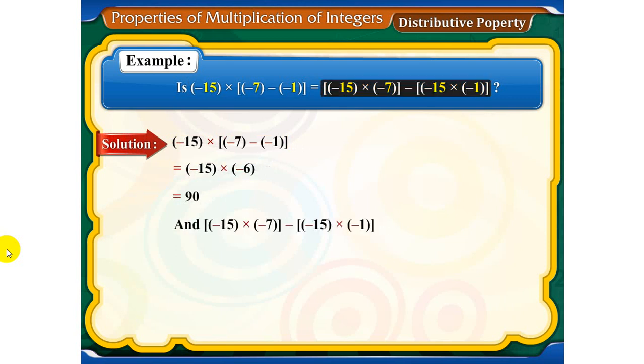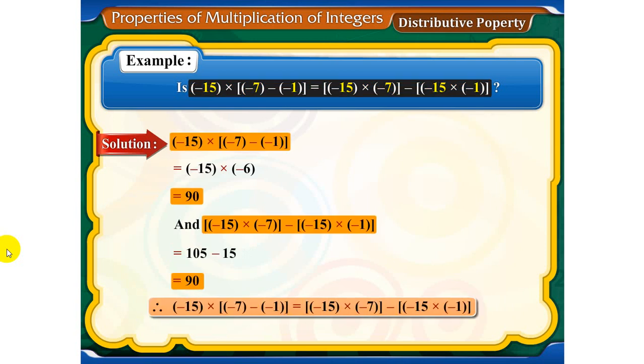And negative 15 multiplied by negative 7 minus negative 15 multiplied by negative 1 is equal to 105 minus 15, which is equal to 90. Thus, negative 15 multiplied by (negative 7 minus negative 1) is equal to negative 15 multiplied by negative 7 minus negative 15 multiplied by negative 1.